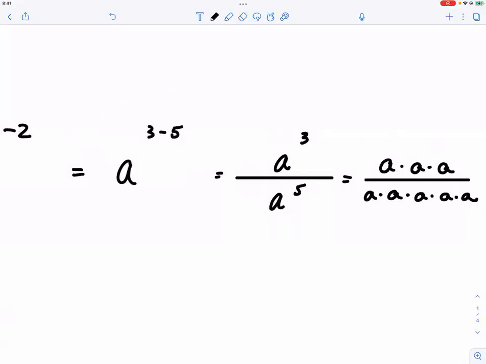So a cubed over a to the 5th power, how would you reduce this fraction? What would you reduce it to? One over a squared.